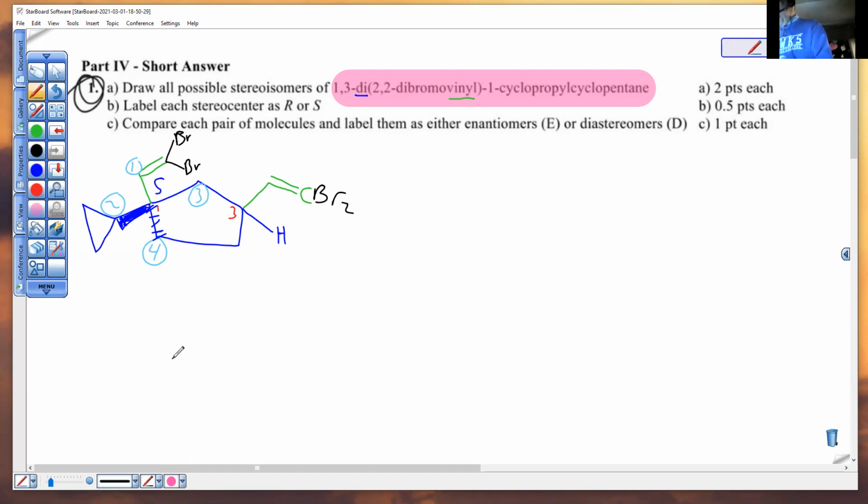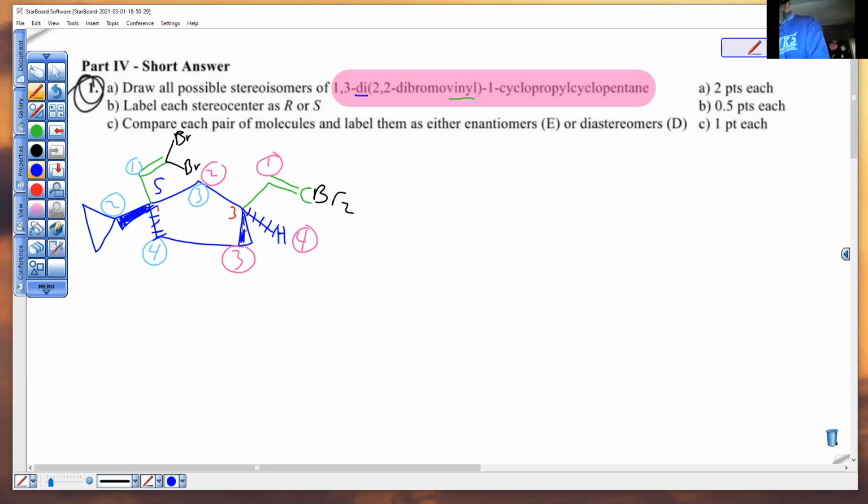We have a 1 with a C that has 2 more bonds to C. Neither one of these does. 2's here, 3's here, 4's here. And we're going to do ourselves that big favor again and put the 4 on a dash, and an adjacent bond on a wedge.